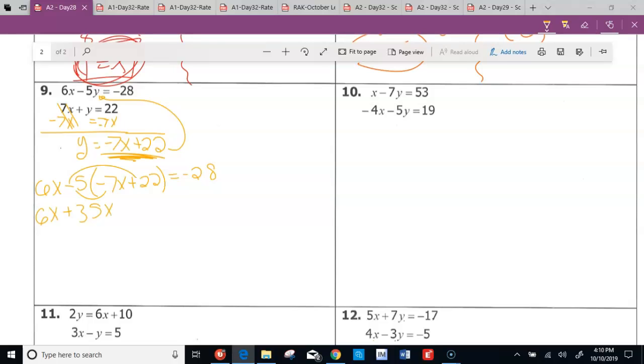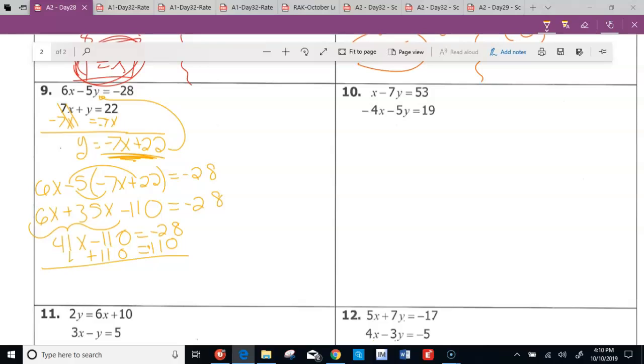Negative 5 times positive 22 gives you negative 110 equals negative 28. I'll combine my like terms. 6x plus 35x is 41x minus 110 equals negative 28. I will then add 110 to both sides to get rid of it and get the x by itself.